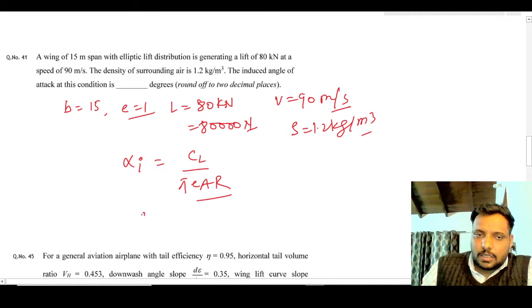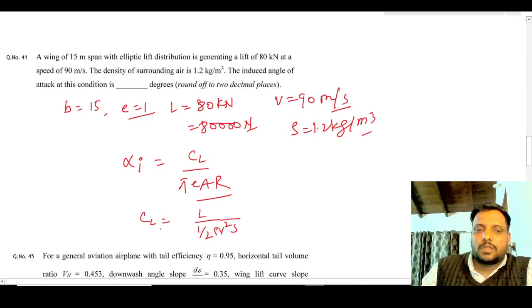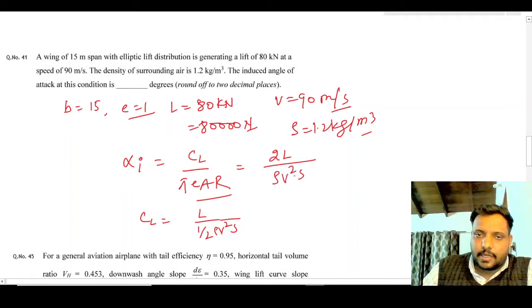So we know that CL is L upon half rho V square into S. Okay, if I put this value of CL in this equation, so it will be twice of L divided by rho V square into S multiplied with this pi EAR.